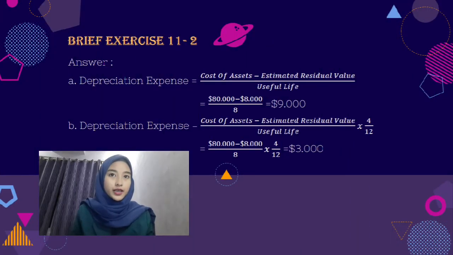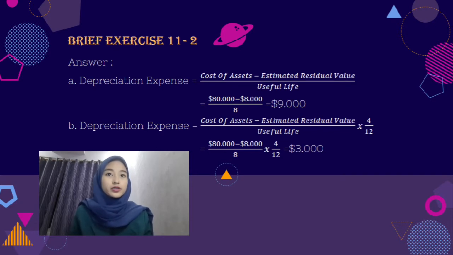The answer is A. Depreciation expense amount: cost of asset minus estimated residual value divided by useful life. Amount: $80,000 minus $8,000 divided by 8, and then amount is $9,000.